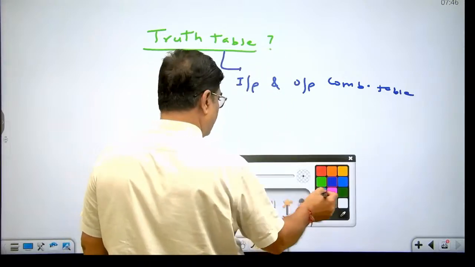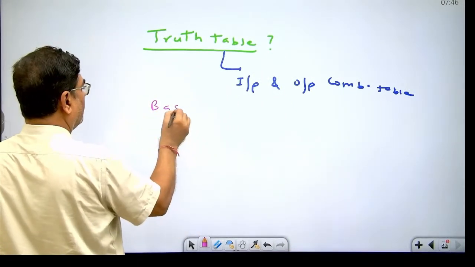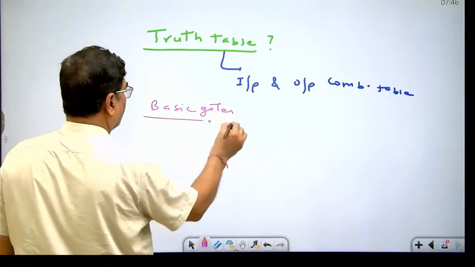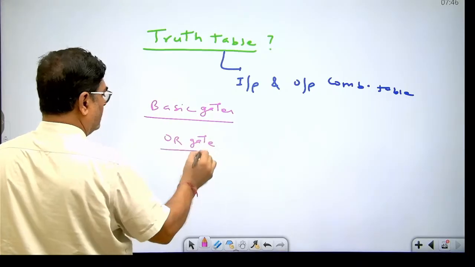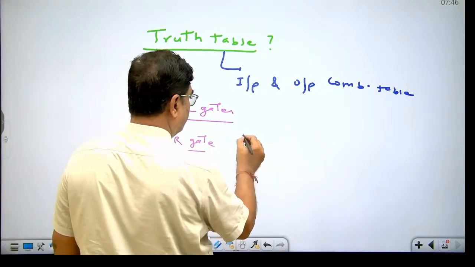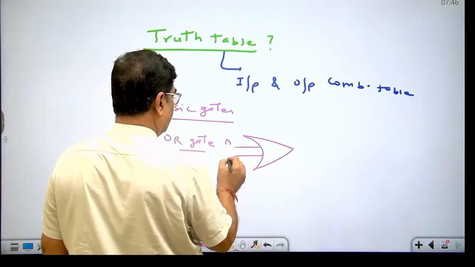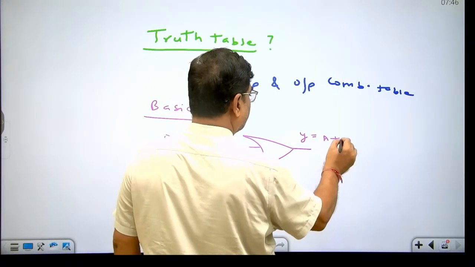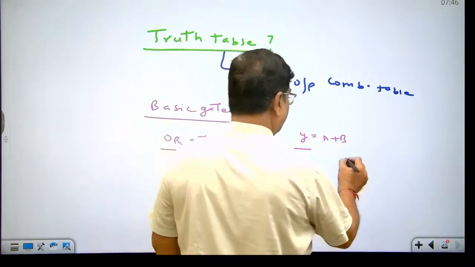Now, dear student, there are three basic gates. One is the OR gate. This is the symbol diagram. Here are two inputs and one output. And the Boolean expression is A plus B. Now you can write the truth table, very simple.